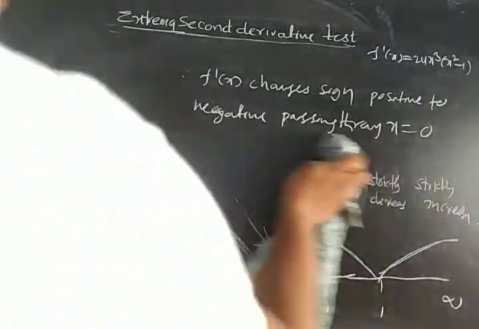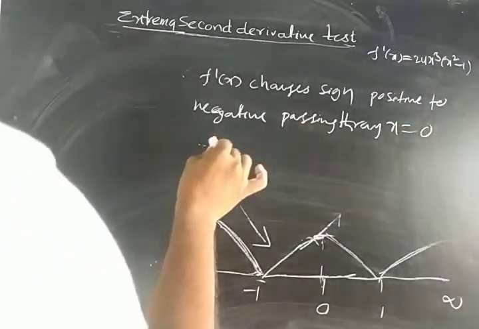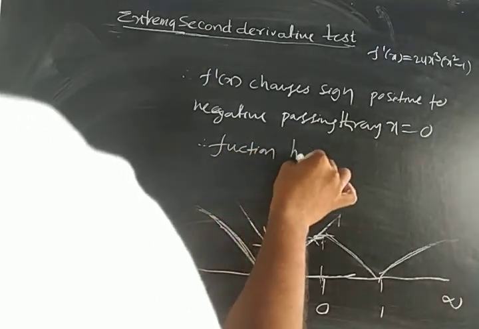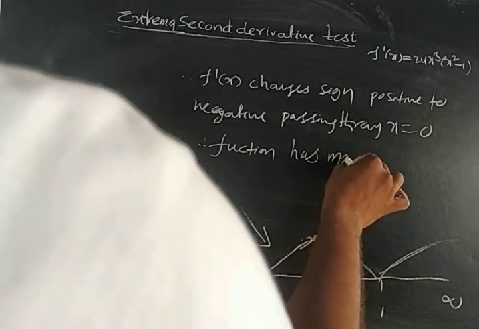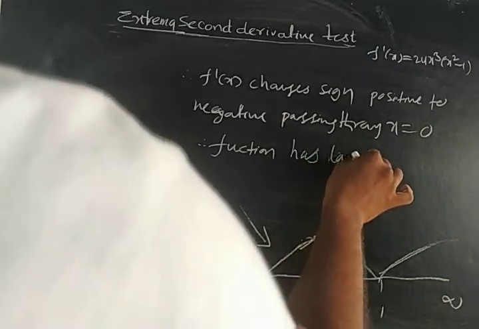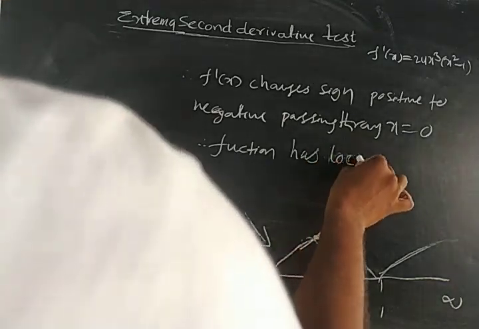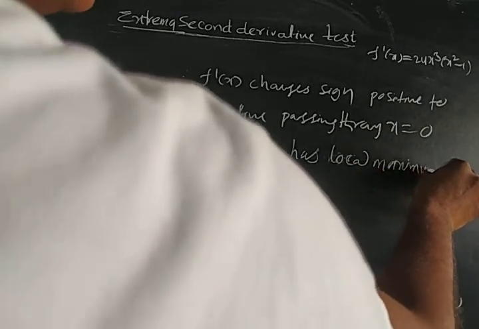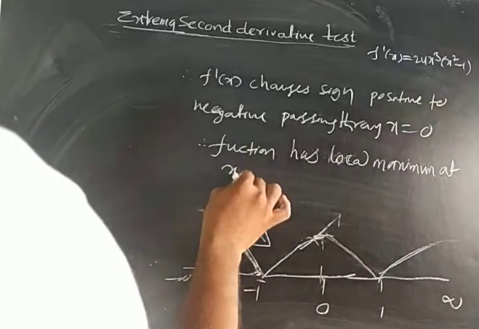Therefore the function has a local maximum at x equal to 0.